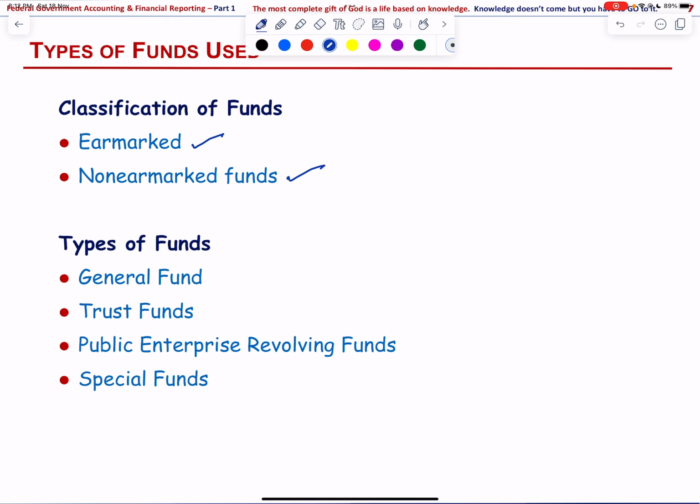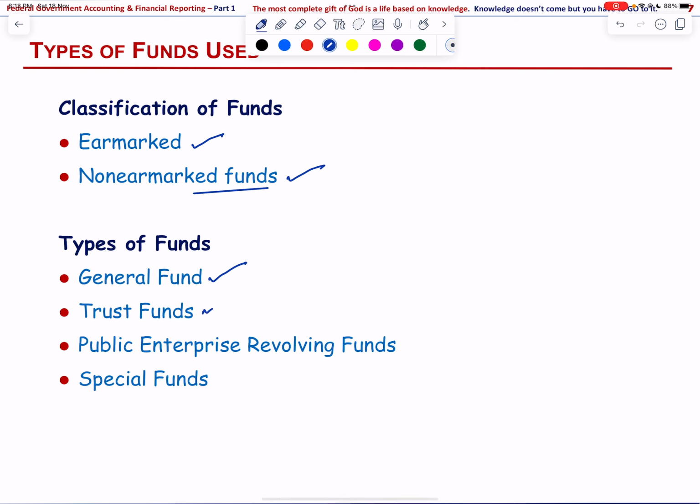They are financed by specifically identified revenues and may even be supplemented by other financing sources also. Non earmarked funds are not for a specific purpose. The types of funds used by the federal government include the general fund. It accounts for receipts that are not earmarked for a specific purpose. It also accounts for most of the expenditures of the federal government.